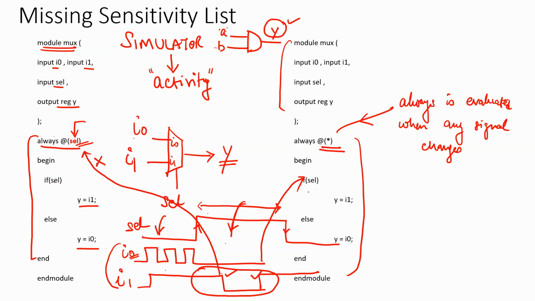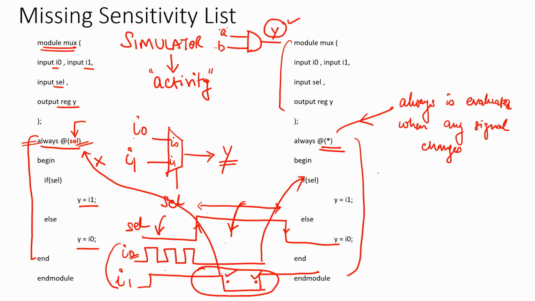So now when you simulate this code, how will it look? When you simulate this code, these changes in I1 will not be seen in Y. So it will look as if Y is like a latch, or like a double-edged flop, because it is only when select is changing that Y changes. If select is not changing, Y will not change. That's how simulation will look like. But in reality, when you synthesize, the synthesizer is not going to look at the sensitivity list at all.